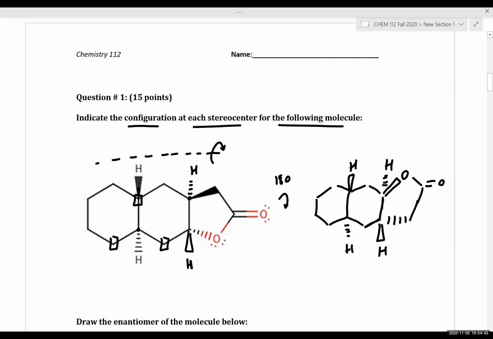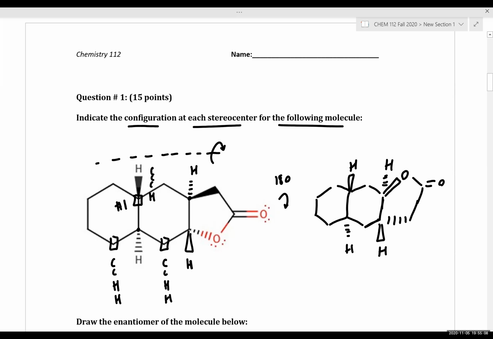So as we see at our first step out, we have 2 carbons and 2 hydrogens, 2 carbons and 2 hydrogens, and 3 carbons and a hydrogen. So which group is priority 1? The top, the left, or the right? The top. So we're going to put a 1 there.